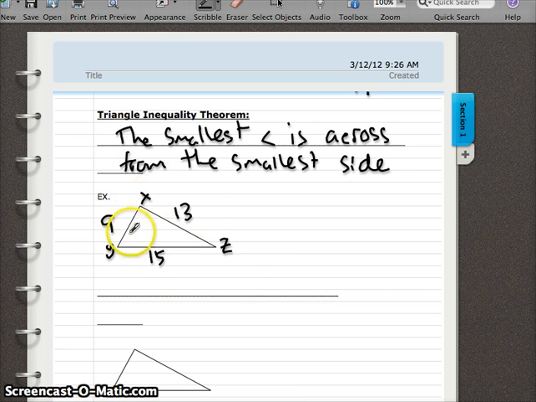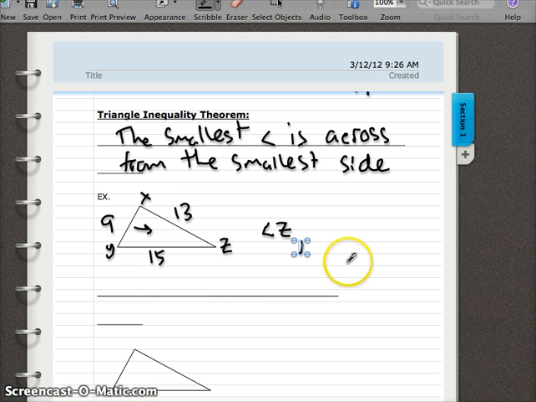So XY happens to be the smallest length on this triangle, right? So across from it must be the smallest angle. So let's order the angles from smallest to largest. Angle Z right here is the smallest angle.